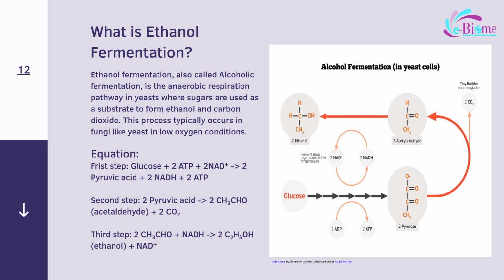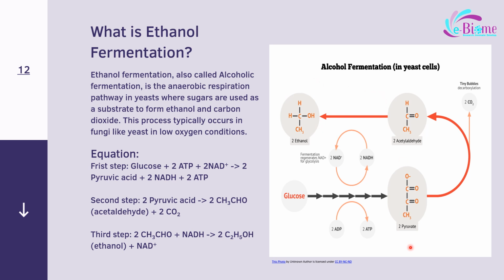If you look at the diagram here, we start out with the same glycolysis reaction. Glucose is converted to 2 molecules of pyruvate and generates 2 molecules of ATP. But unlike lactic acid fermentation, the pyruvate then gets converted into acetaldehyde, another type of organic compound, which then gets further converted to ethanol.